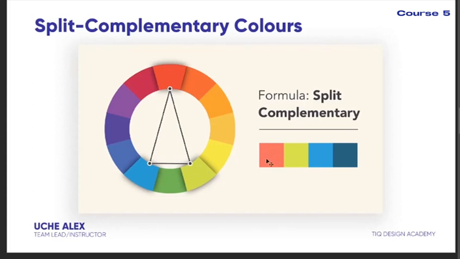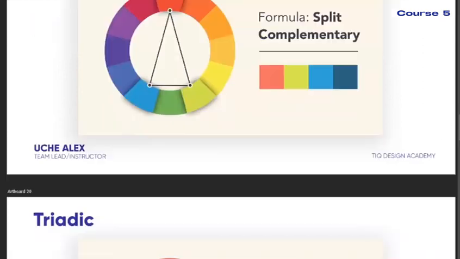So here we brought out the colors, a shade of the red. Then here we use the lemon. Here we use this shade, the same shade of blue, and added a darker shade of blue. So it is not a must that you use just the three colors. We use the three colors here as a guide, and we ended up getting a four color palette.